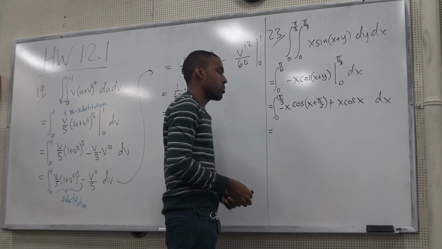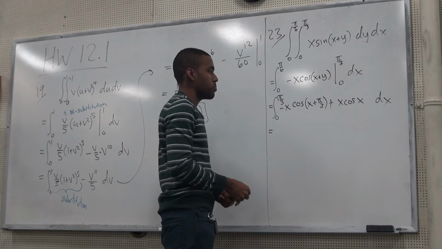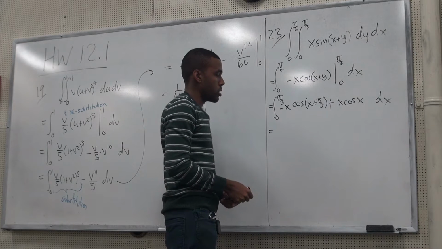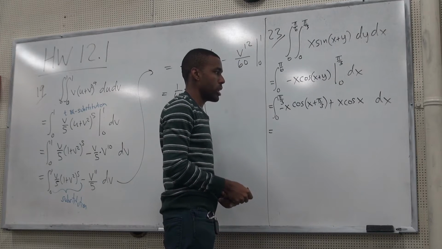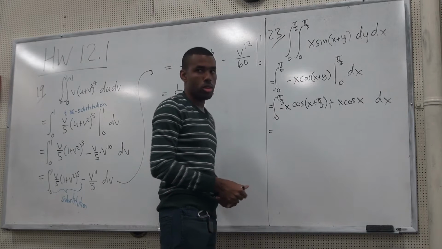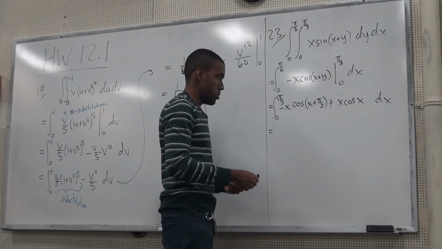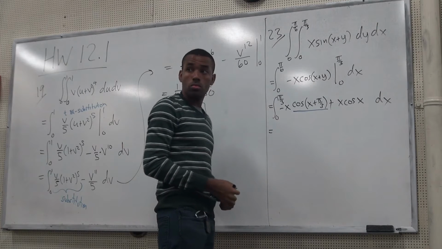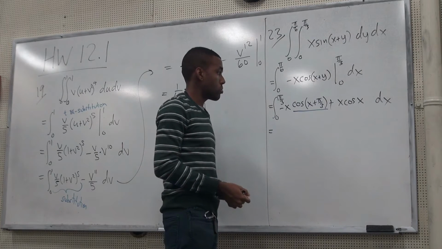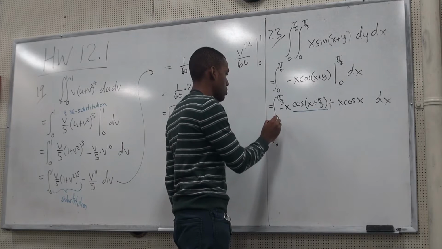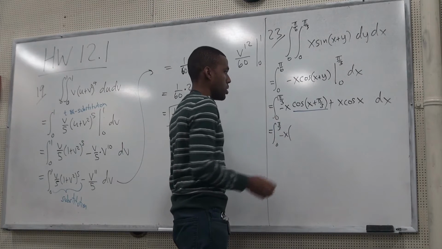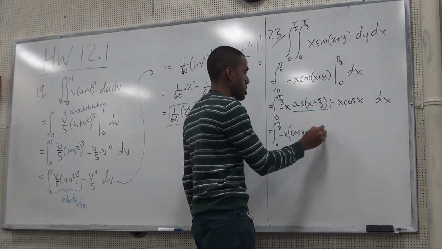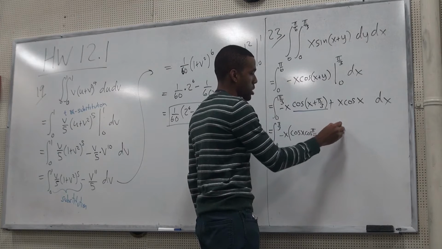How would you integrate this one? We can do by parts. I would probably use a trig identity and avoid by parts, but you could also do by parts. You remember what this guy is? This is cosine x cosine pi over 3 minus sine x sine pi over 3.